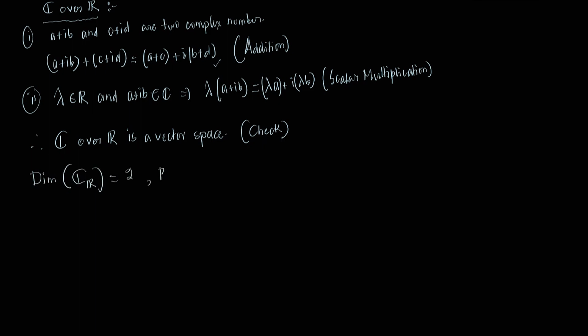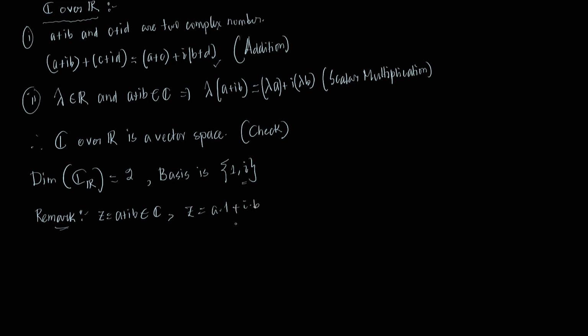So what is the basis of this? The basis is 1 and i. What do I mean by this? As a small remark, let's say Z equals A plus iB is in C. Then Z can be written as A times 1 plus B times i.